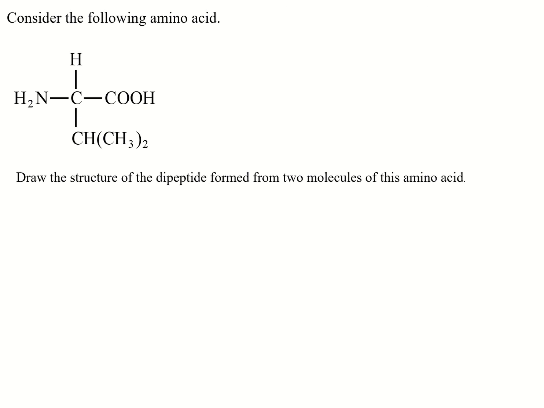Okay, draw the structure of a dipeptide formed from 2 molecules of this amino acid. So it's just one dipeptide. When you've got just one amino acid reacting with itself, you're only going to be able to get one possible dipeptide. So I would do it like so.